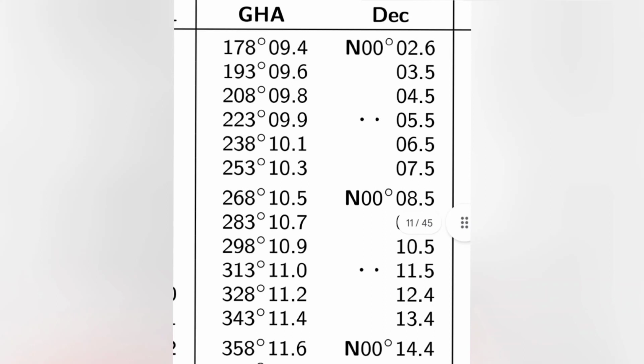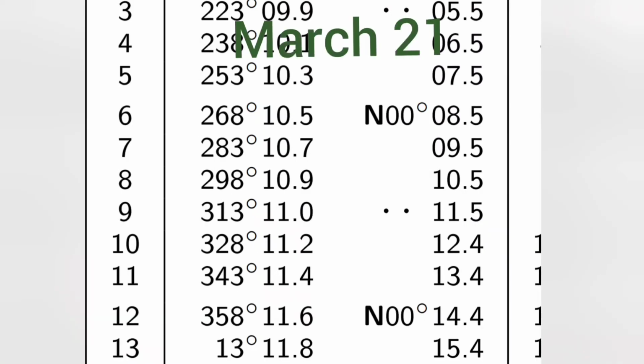I'll go into details in further episodes. This starts with 0 hour all the way up to 23 on the left, and then the next column is the Greenwich hour angle, which is the position it is on the circle.